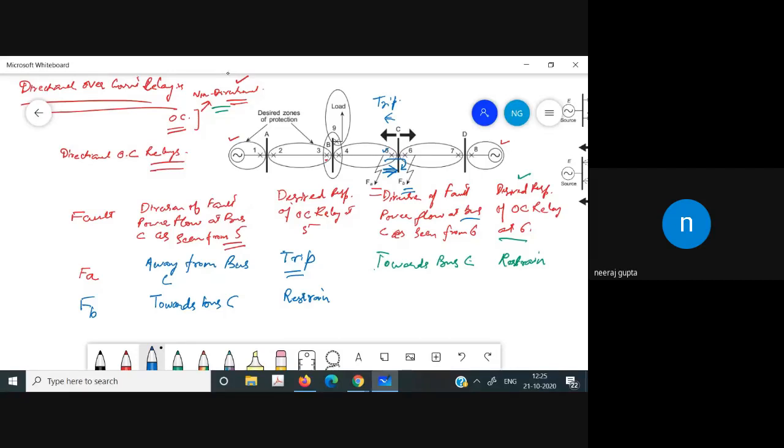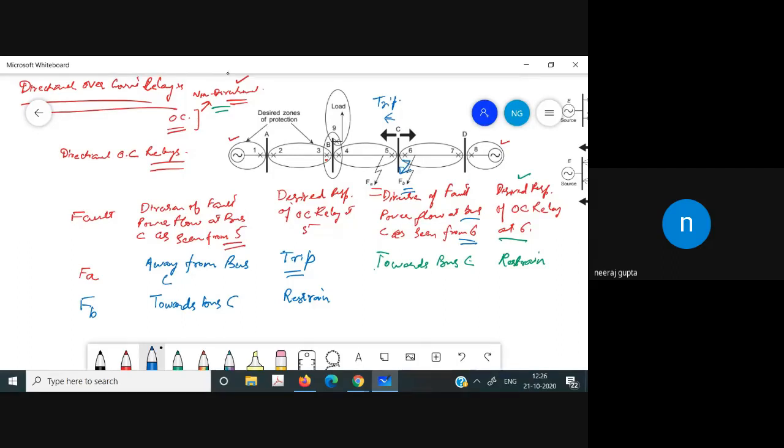Now, direction of the fault power flow at bus C, as seen from the 6. So it is happening within its own zone. This fault is happening in its own zone, so it is feeding that fault.